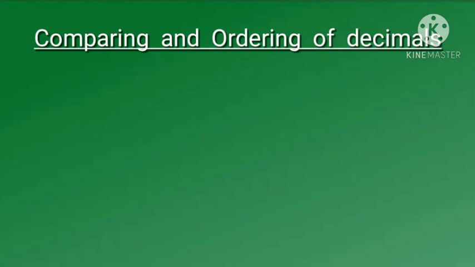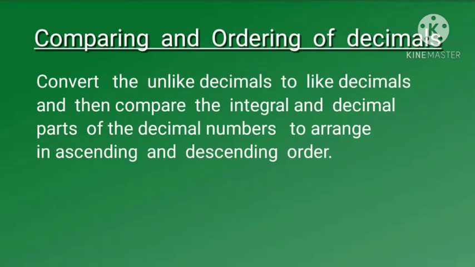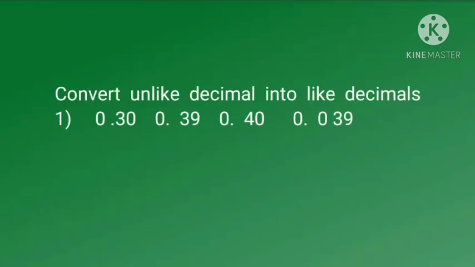Comparing and ordering of decimals. Convert the unlike decimals to like decimals and then compare the integral and decimal parts of the decimal numbers to arrange them in ascending and descending order. Question: 0.30, 0.39, 0.40, 0.039. Convert the unlike decimals into like decimals.